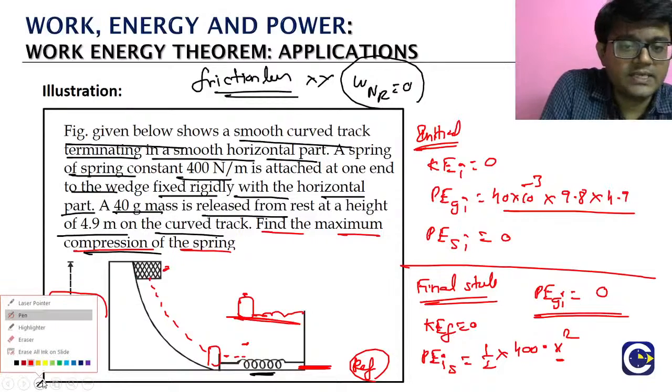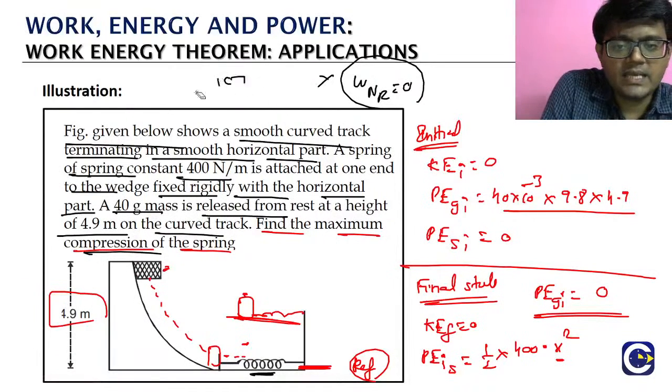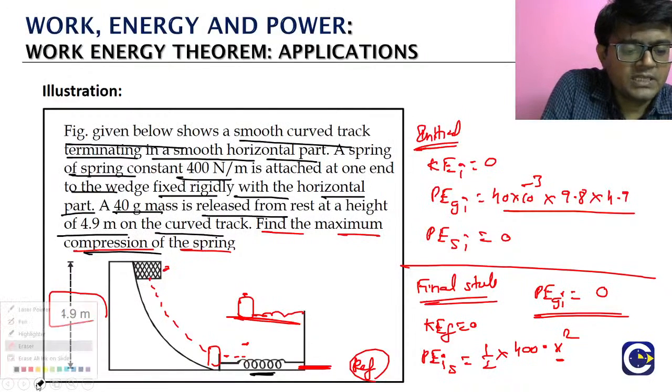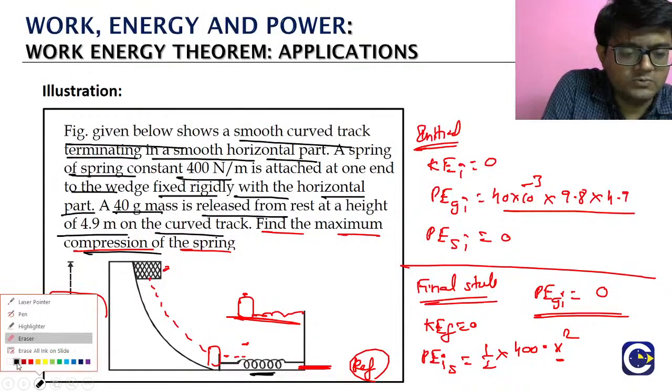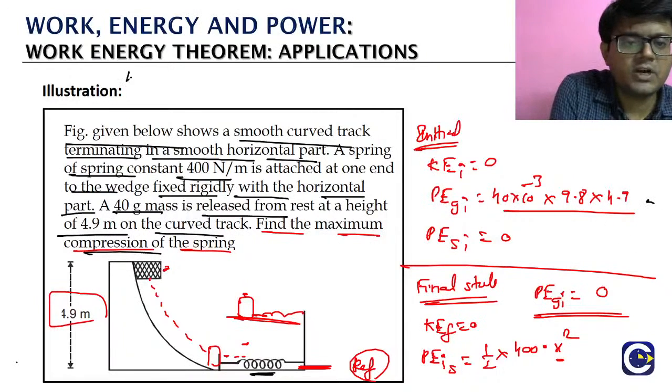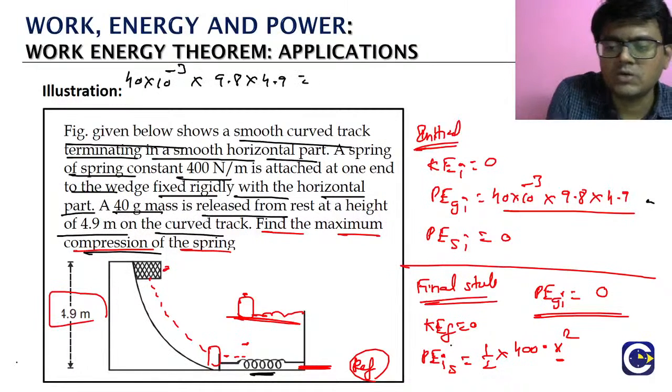So this is the conservation of mechanical energy principle. What is it? Initially the total mechanical energy is only this: 40 into 10 power minus 3 into 9.8 into 4.9. That is equal to what?